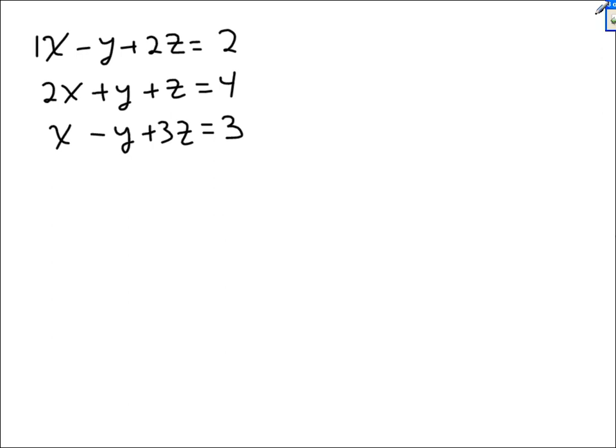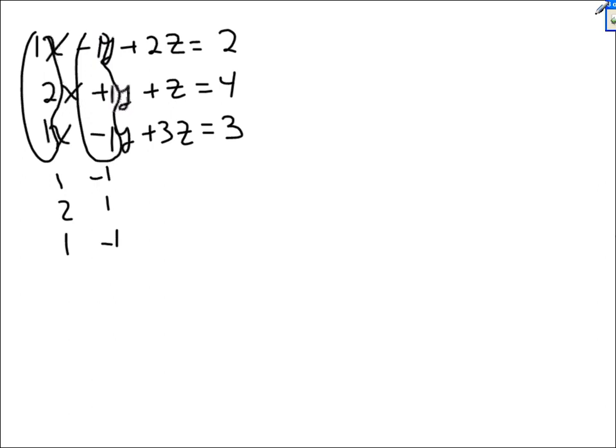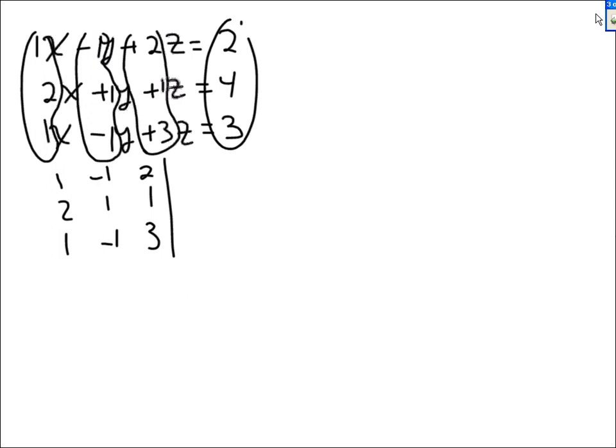Remember, there are understood ones here, here, here, and here. Just write down the numbers. 1, 2, 1. Negative 1, positive 1, negative 1. Positive 2, understood 1. Positive 2, positive 1, 3. The line. Then what's called the right-hand numbers. 2, 4, 3.